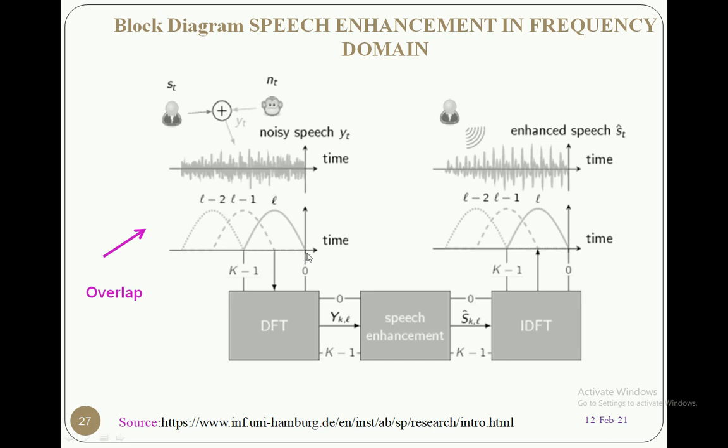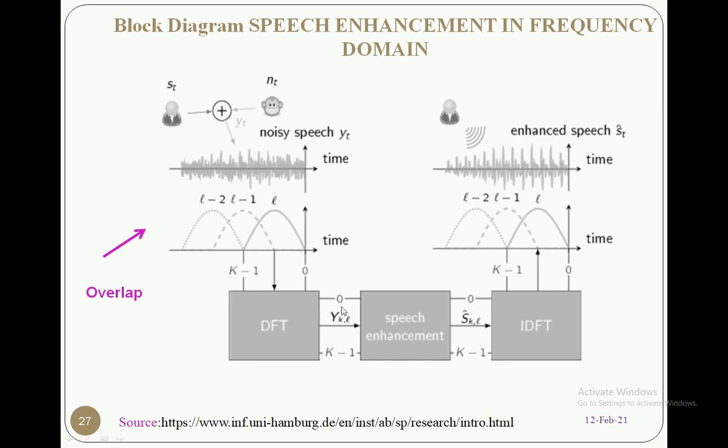Now if you consider the short time duration, the assumption of stationarity holds good. Upon those short segments after windowing of K samples, we are applying the DFT on each windowed frame. So after DFT, the time samples are converted into DFT coefficients.